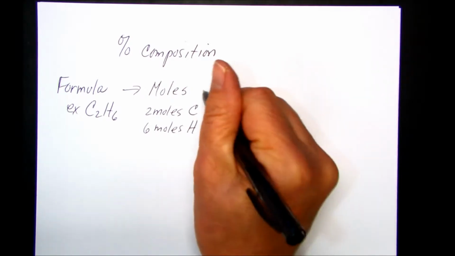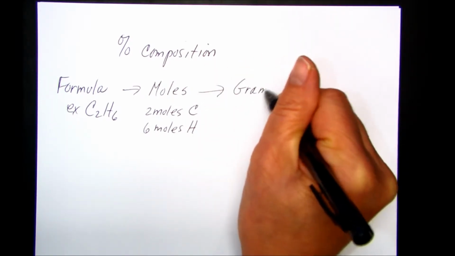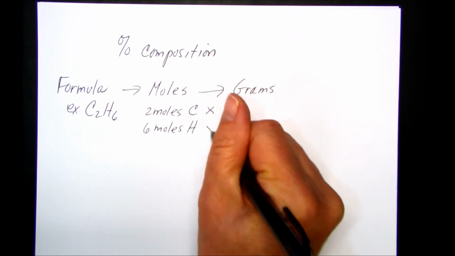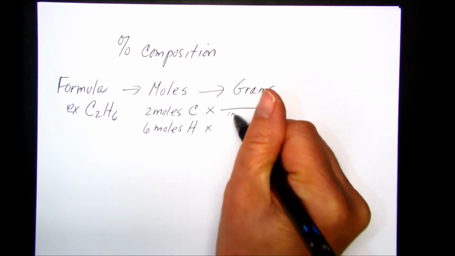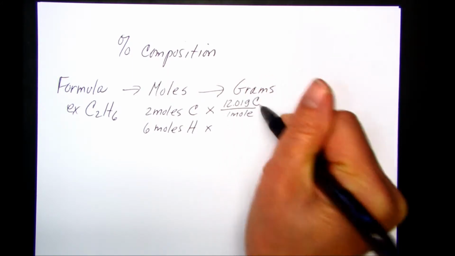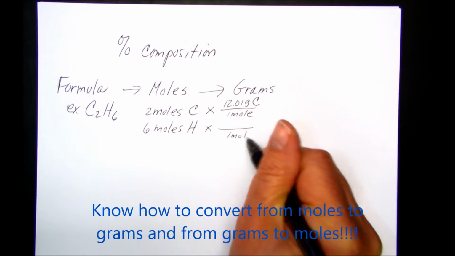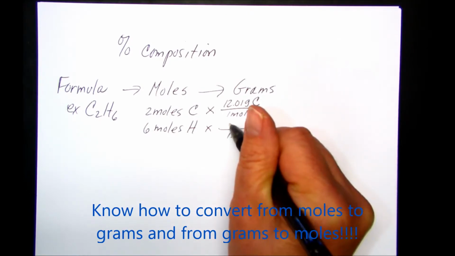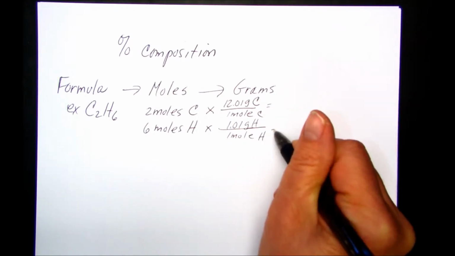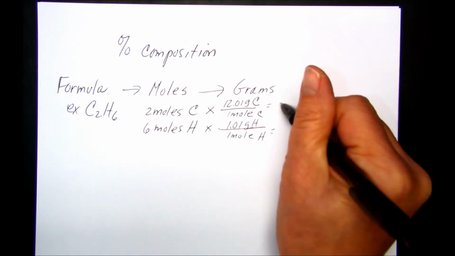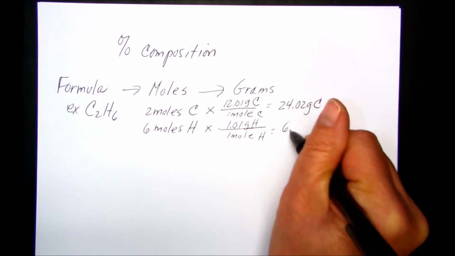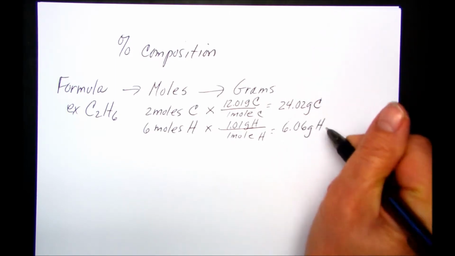Then I want to get grams from moles, so I'll do a conversion using conversion factors. 1 mole of carbon is 12.01 grams of carbon. 1 mole of hydrogen is 1.01 grams of hydrogen. So that would be 24.02 grams of carbon, and this would be 6.06 grams of hydrogen.